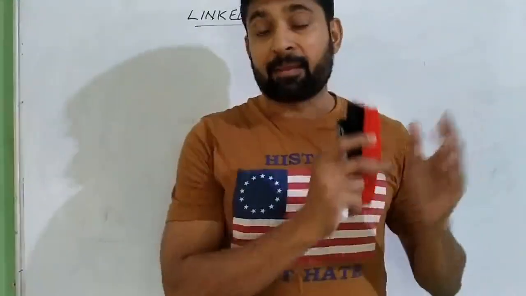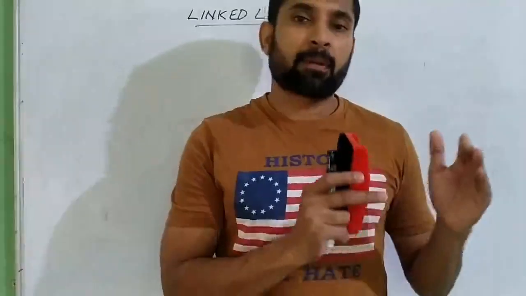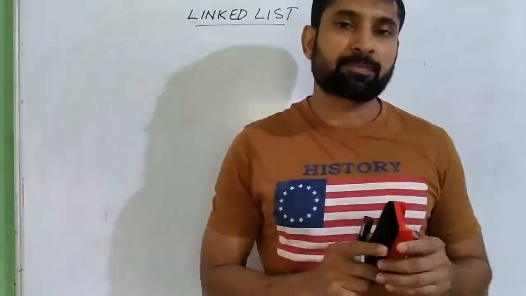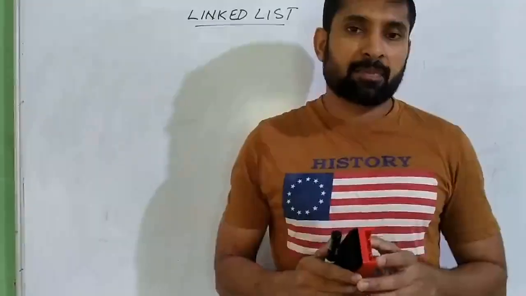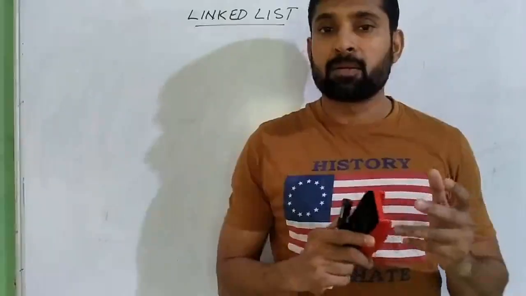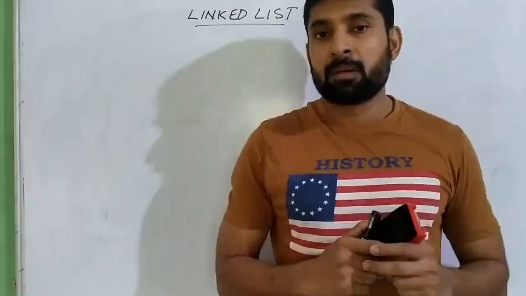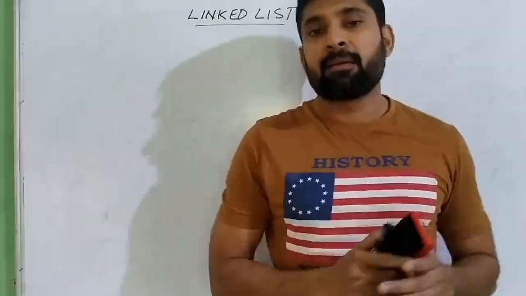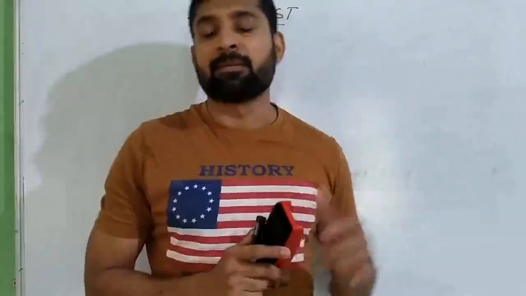We have array. These are termed as simple data structures. We have seen compound data structures, stack, queue, that we have already learned. And in that category, we have seen linked list.